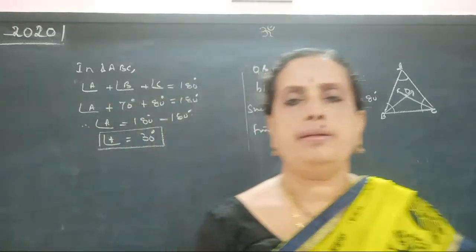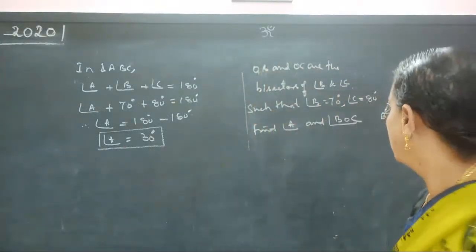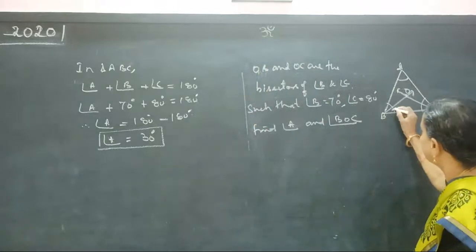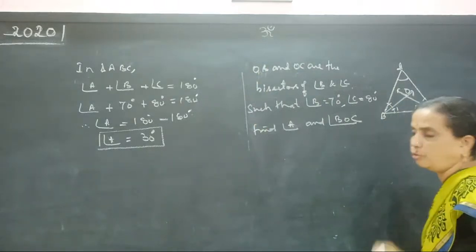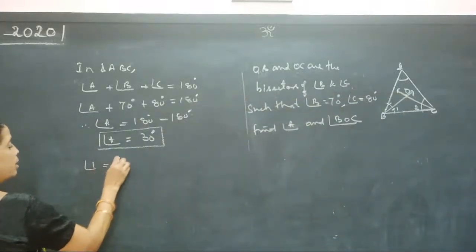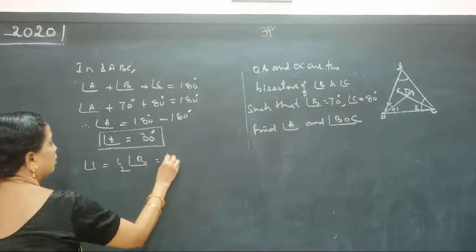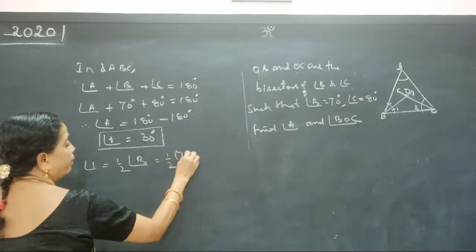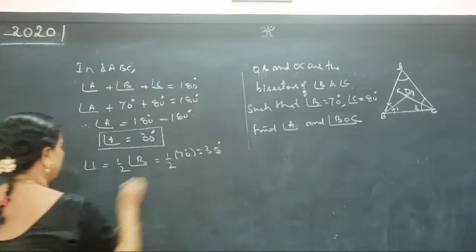Okay? Now, after that, since it is a bisector, I will consider this as angle 1 and angle 2. Angle 1 equals half of angle B, that is half of 70 degree equals 35 degree.